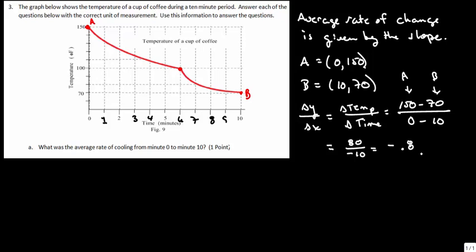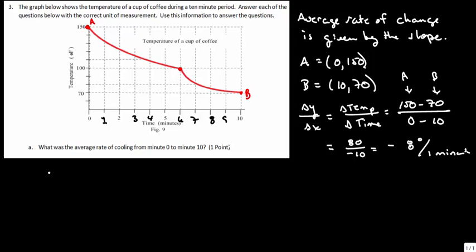0.8. So what does that mean? Well, negative, oops, sorry, not negative 0.8, negative 8. That looks much better. Negative 8. And so what is that? Well, the top was temperature, so negative 8 degrees. The bottom is in minutes, so this is per 1 minute.